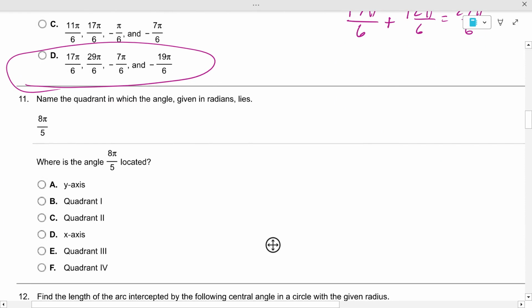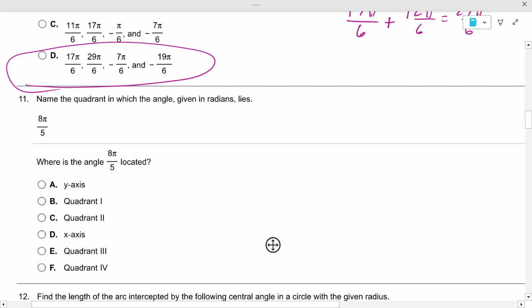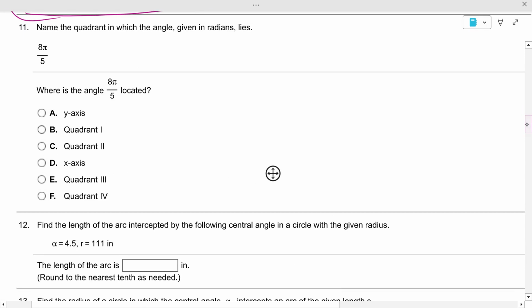What quadrant is this in? Well, if I were you, I would change it to degrees. How do we change from radians to degrees? You multiply by 180 over pi.